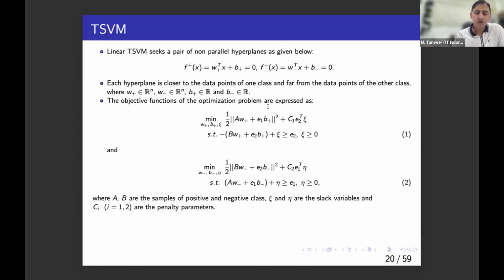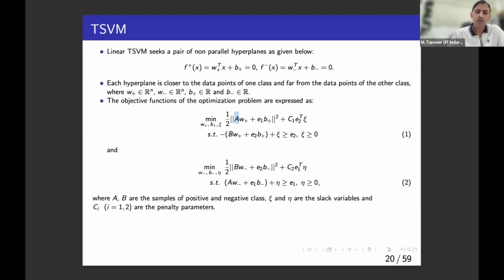The constraint requires the hyperplane to be at a distance of at least one from the other class, say class minus one. The second term is essentially the sum of misclassified data points, and here C1 is a parameter that controls overfitting. In the same manner, we have another problem for the other class. Here A corresponds to data points of class plus one, and B corresponds to class minus one.